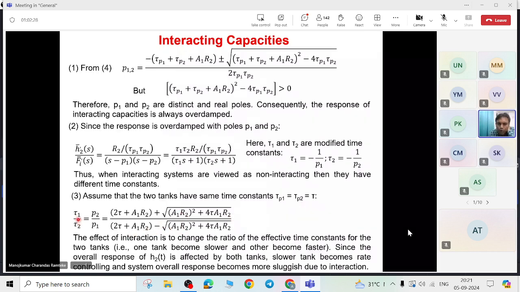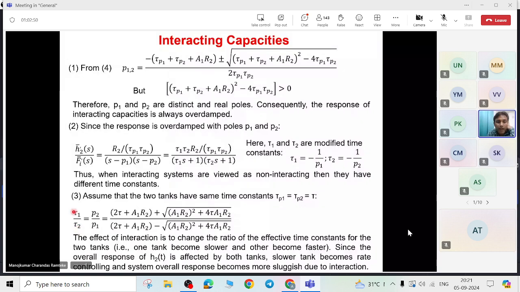You can see that both tau 1 and tau 2 are positive. The only difference here is that tau 1 will be higher than tau 2. So even though tau p1 and tau p2, which are nothing but the actual time constants of both the tanks, are the same, their apparent time constants are different.